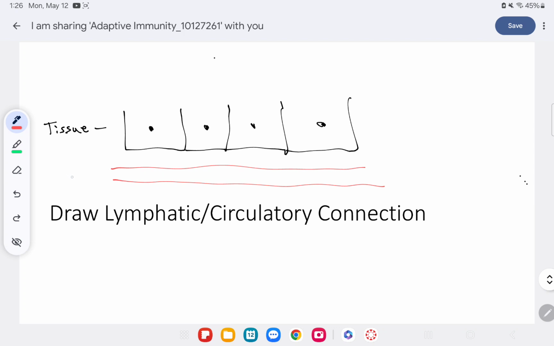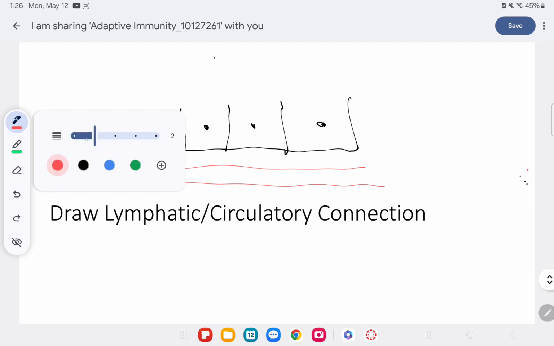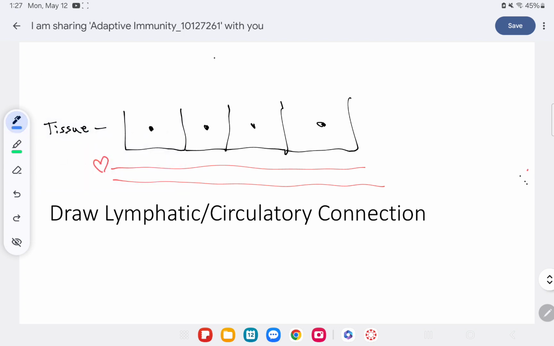And what I maybe failed to say last time is that the lymphatic system has two functions. The two functions of the lymphatic system: one, immunity, sure.